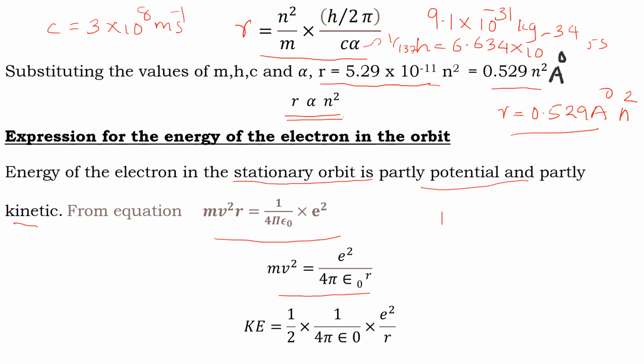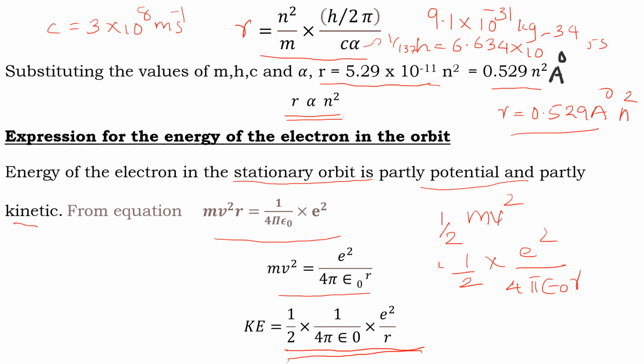Therefore, the kinetic energy is half mv square, that is half into e square divided by 4π epsilon 0 r. This is the kinetic energy of the electron in a stationary orbit.